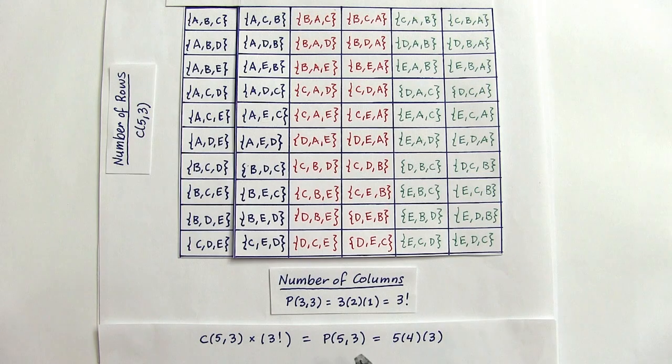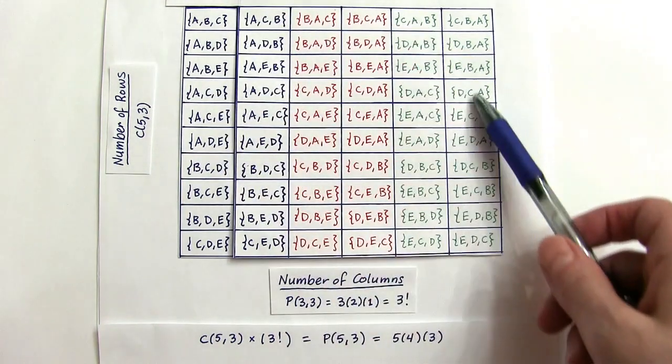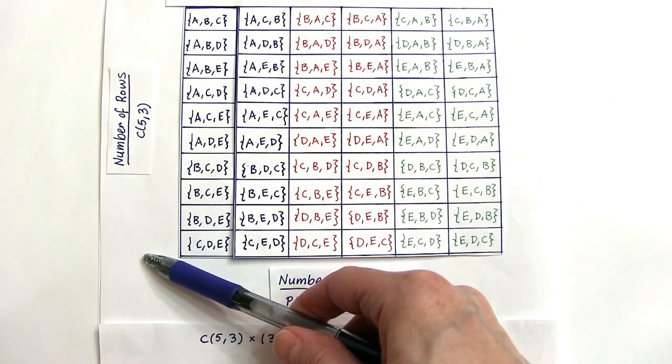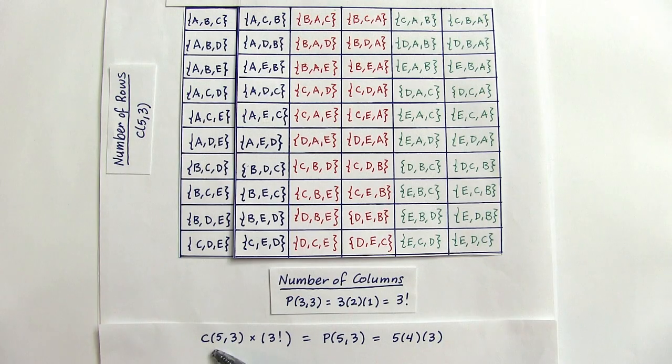So on the one hand, the number of permutations of 5 distinct elements taken 3 at a time is equal to the number of entries in this table, which is the number of rows, times the number of columns, or 5 choose 3, times 3 factorial.